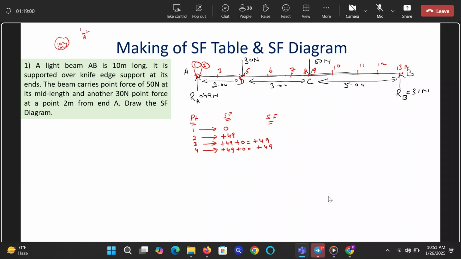Go to point 5. Up to point 4, it is plus 49. Is there any change between 4 and 5? Yes, sir. Minus 30. Minus 30, becoming plus 19 now. Guys, is there any change from 5 to 6? No, sir. Is there any change from 6 to 7? No, sir. So that means at 6 and 7, this will remain plus 19 as there is no change.